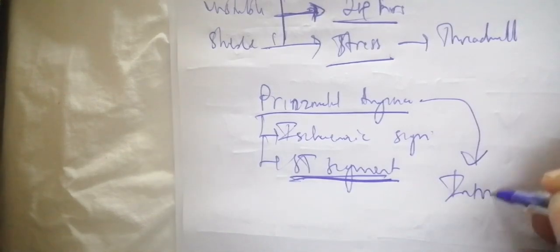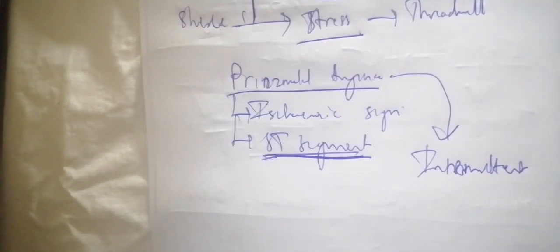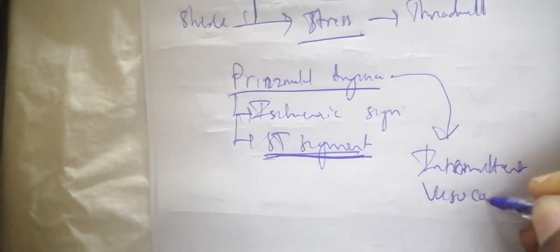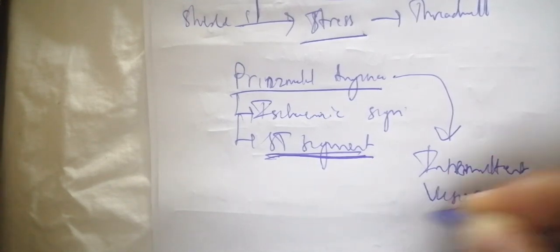This is because in Prinzmetal angina, you have an intermittent complete occlusion of the coronary arteries as a result of vasoconstriction of the smooth muscles.